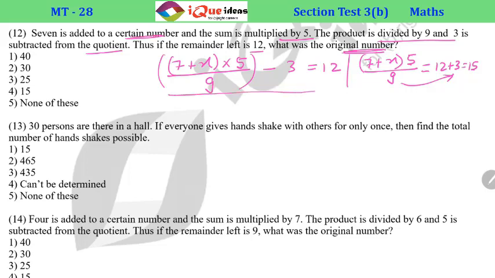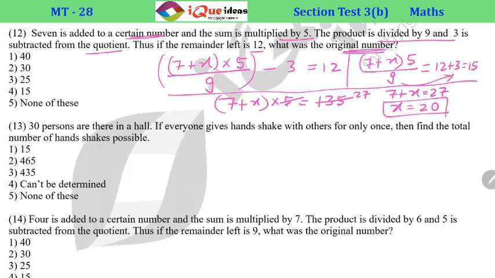So we have (7 plus x) into 5 equal to 135. Now 5 cancels 135 27 times. So we have 7 plus x is equal to 27. So very clearly x is equal to 27 minus 7, which is 20. That means the original number is 20. That means it is none of these.